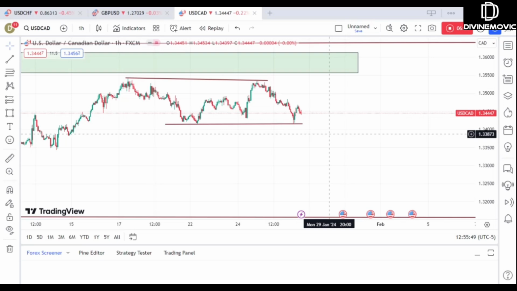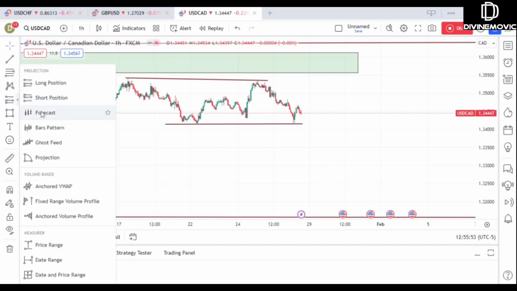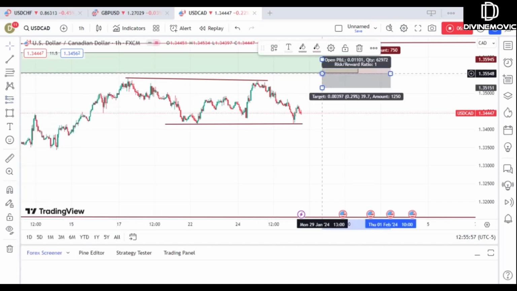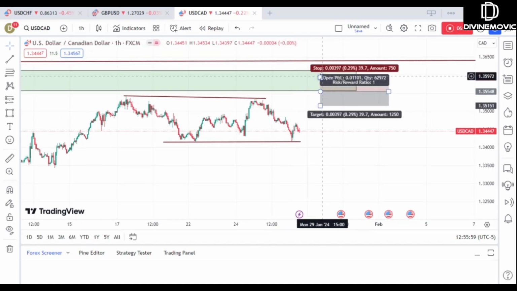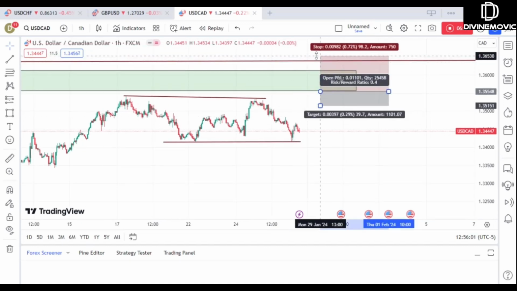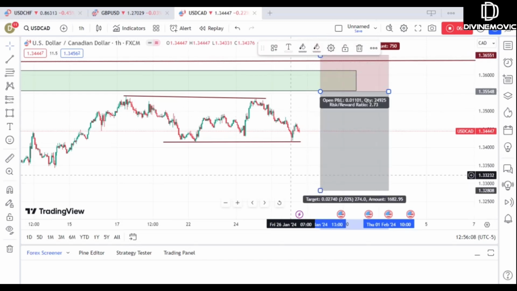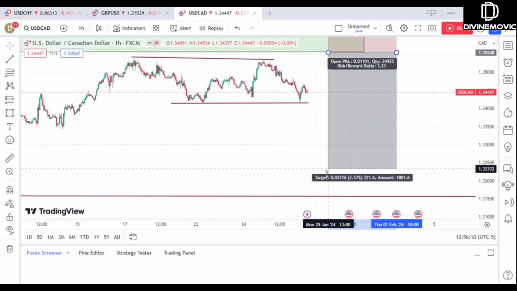So a possible setup for this is simply to have an entry here, my stop loss resting above our previous key level here, and I'll take profits targeting this area here.